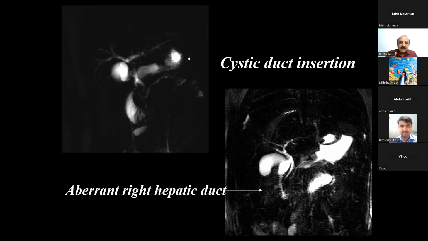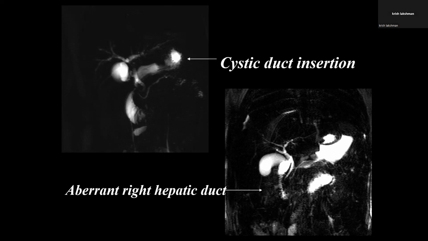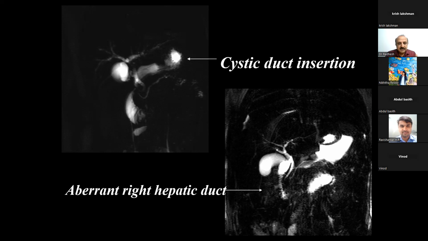And one more advantage of a 3D is that you can rotate a 3D image in the plane you want to. So two advantages of 3D. One, you have thinner sections, so the anatomy is better and also the pathology can be seen better. And the second thing is you can rotate the images in the plane you want.